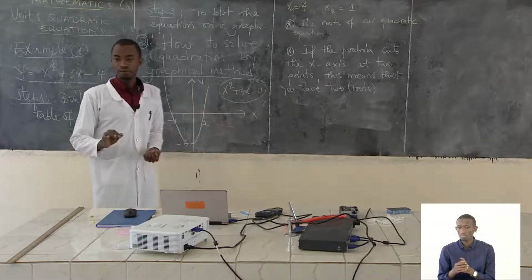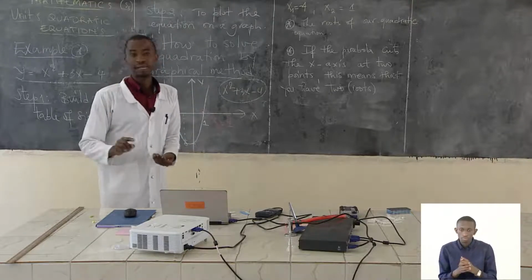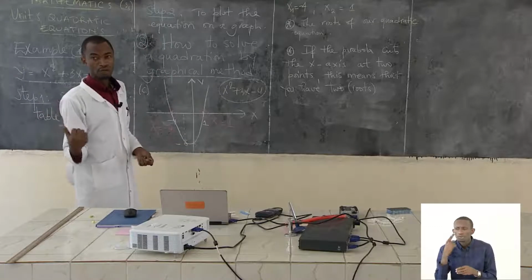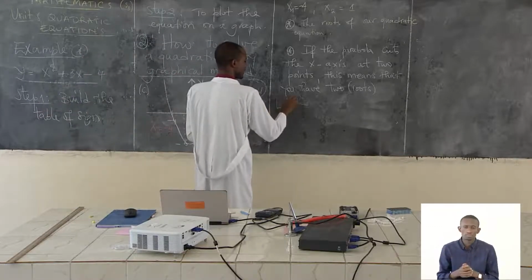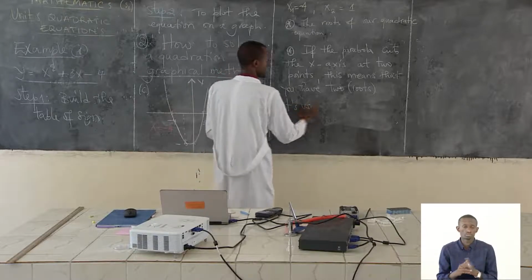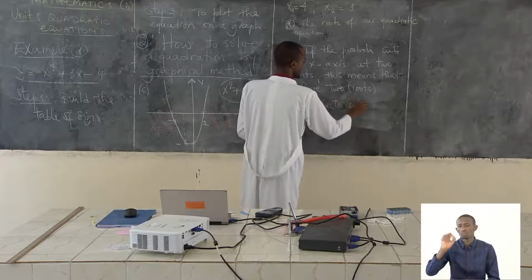Now, we are going to verify by using another method and see if we get the same answer as when you use the graph method. Let's use the factorization method because it's the one we have already started.